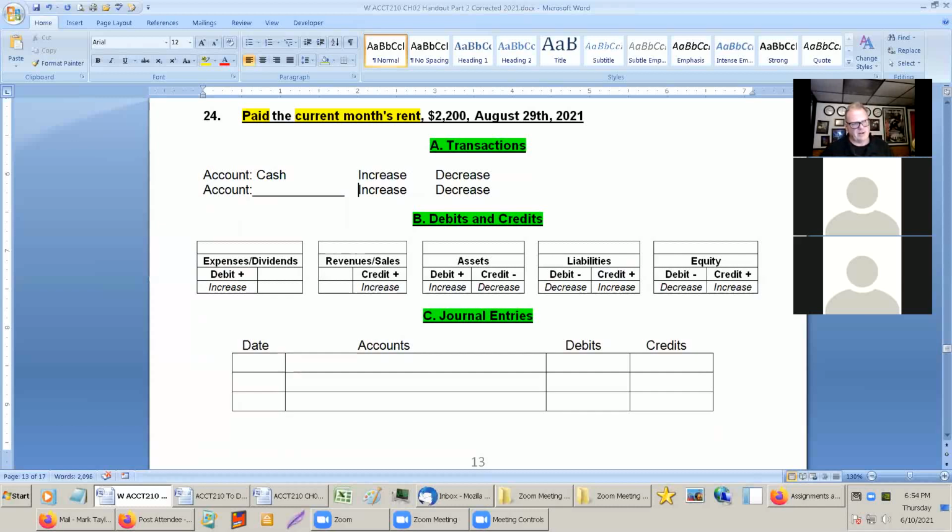Well, it's probably going to be on the other side. Rent expense. Yep. Okay, so cash is decreasing. Expenses are always increasing.